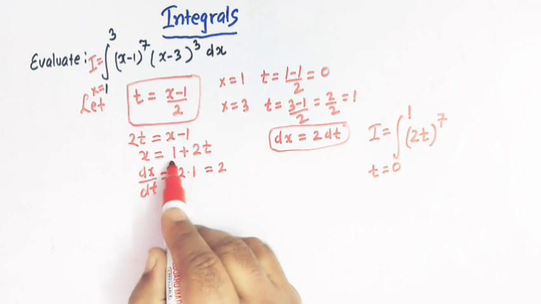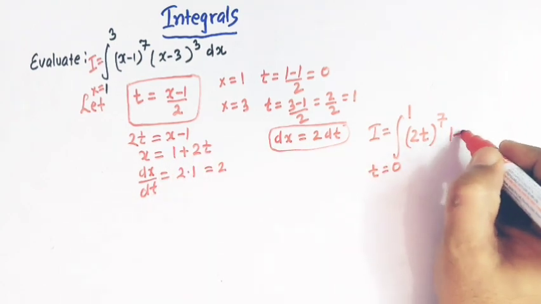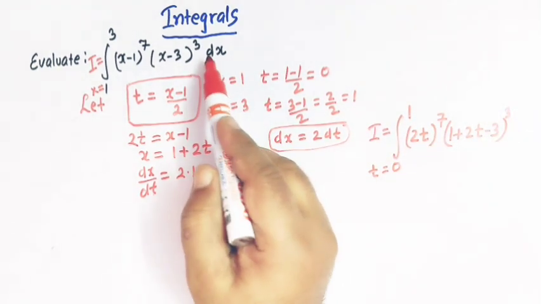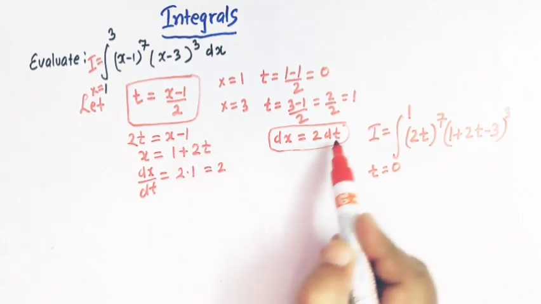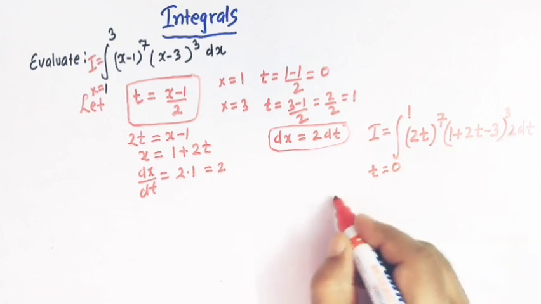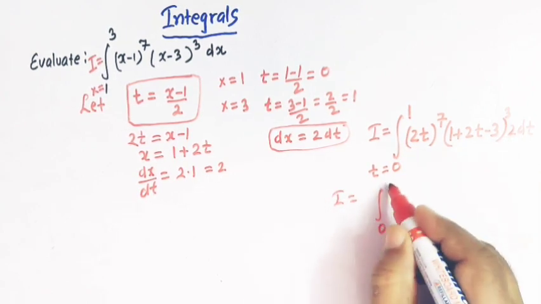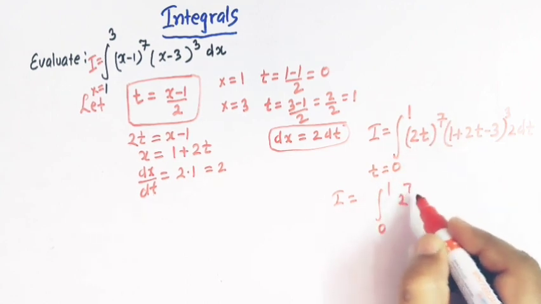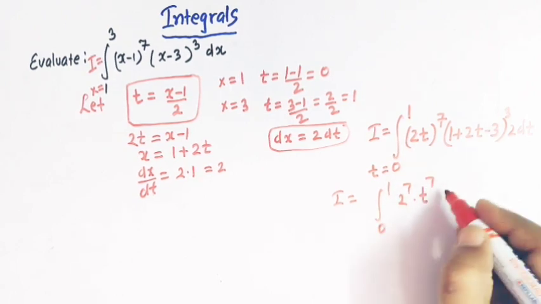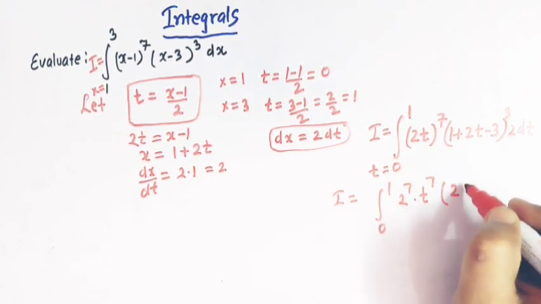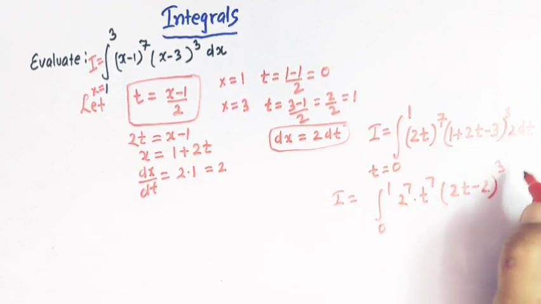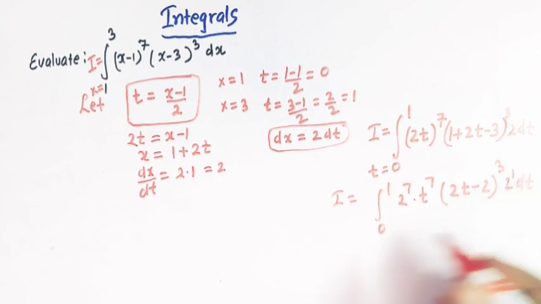So x can be taken as 1 plus 2t, and here we have minus 3, raised to 3, and for dx we can write 2 dt. Okay, so now we can simplify this integral, and here we have 0 to 1, here we have 2 raised to 7, so distributing the power, here we have t raised to 7, then here we have 2t minus 1 minus 3 is 2, and here we have 3, and this is 2 raised to 1 dt, right?